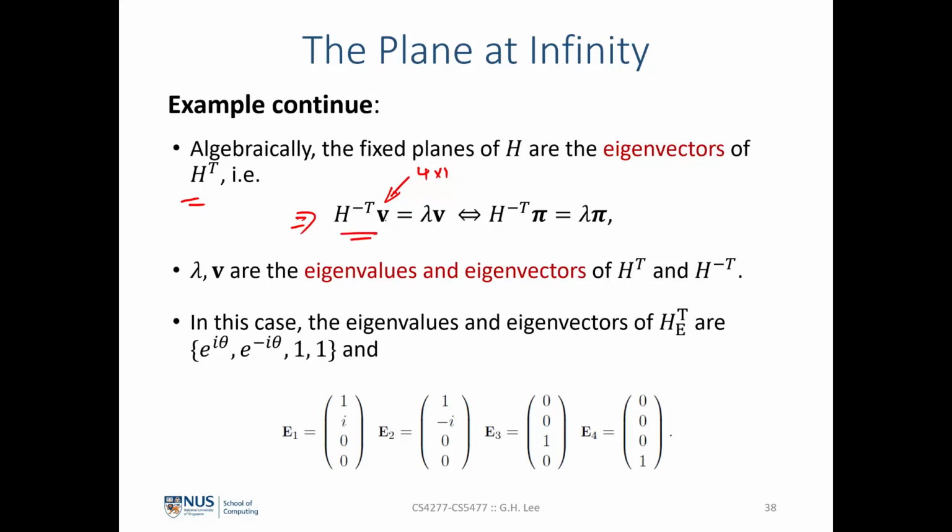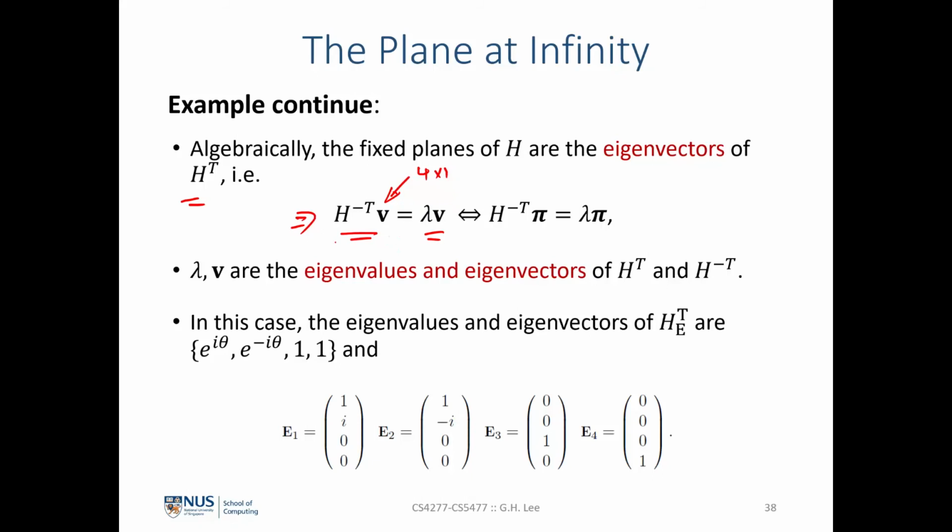So in this case here, V is a plane, and we are going to transform by H inverse transpose, and this is going to be equivalent to lambda of V over here. So what this means is that we are simply going to just scale this plane over here, but it's still going to be the same plane.